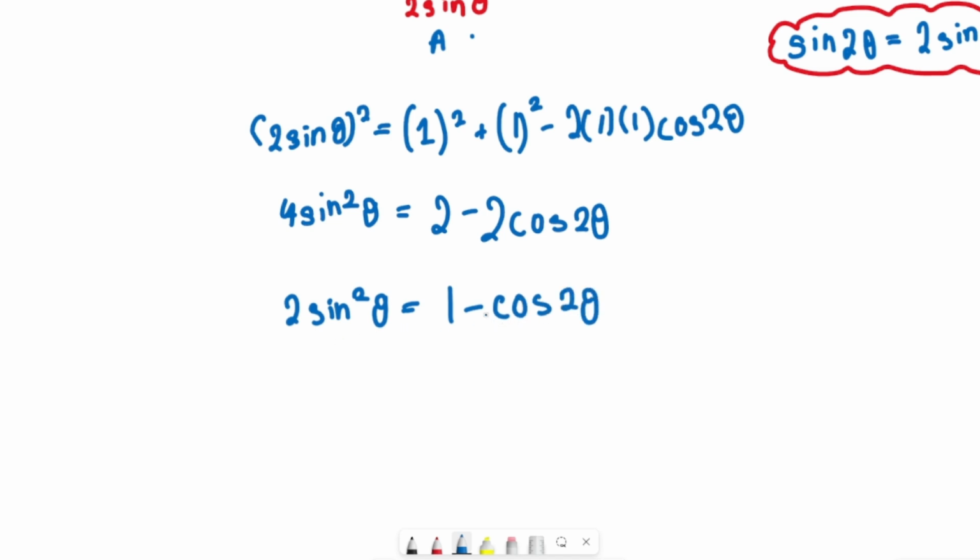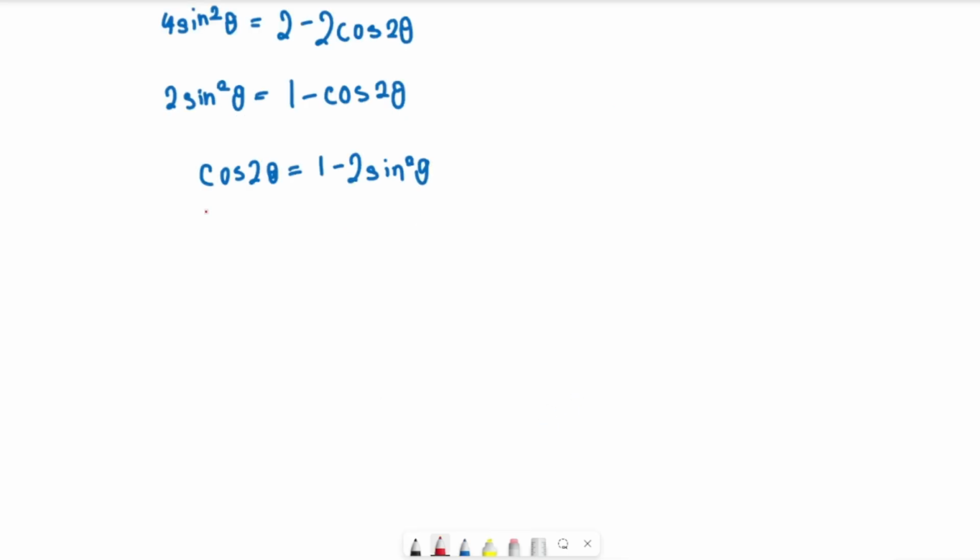Now I can arrange this so that cosine of 2 theta is positive. The final expression I get from this is that cosine of 2 theta is equal to 1 minus 2 sine squared theta. From this identity we can rearrange in separate ways.